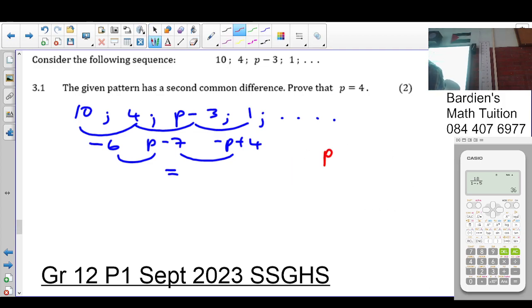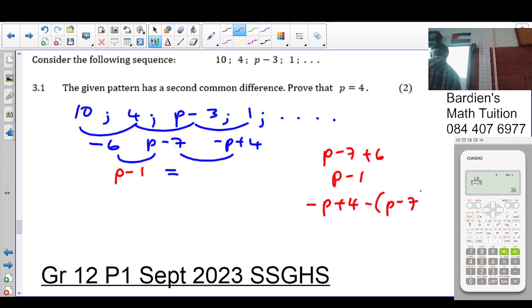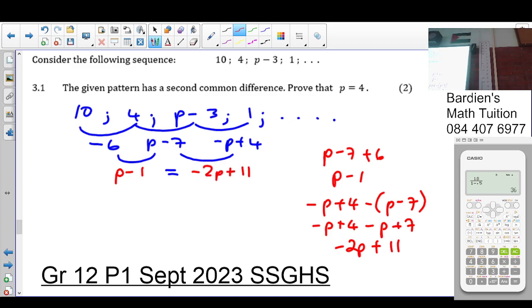So p minus 7 minus 6 is p minus 1, and then minus p plus 4 minus p minus 7 is minus p plus 4 minus p plus 7, which is minus 2p plus 11. Now it becomes a matter of solving for p.